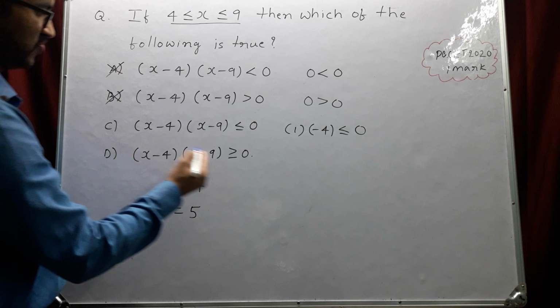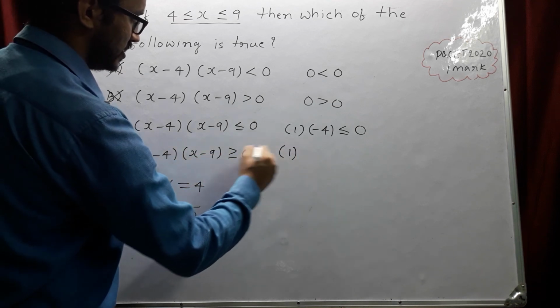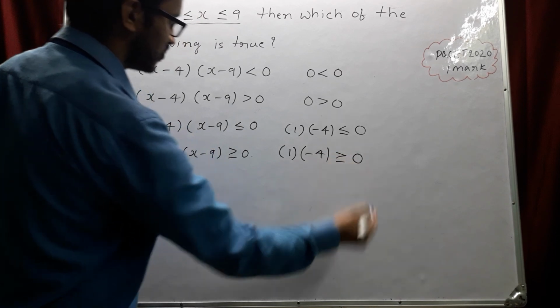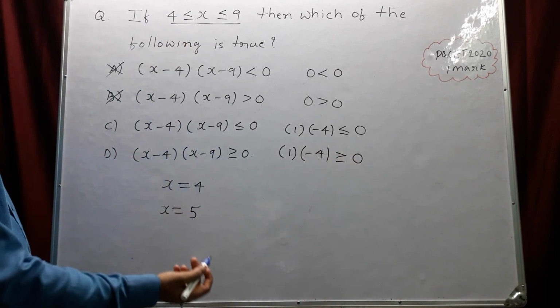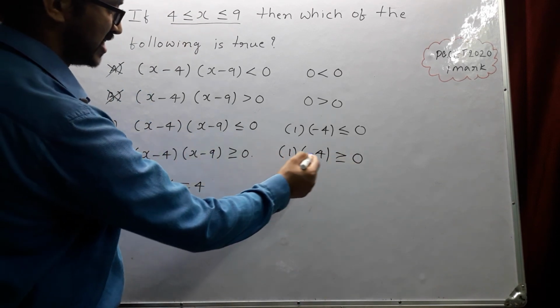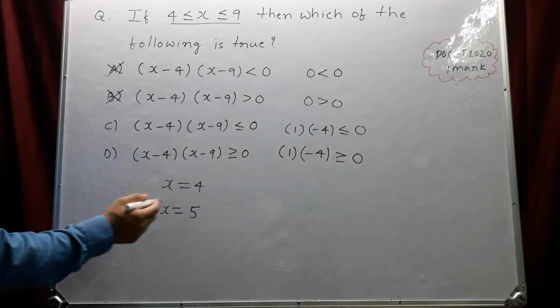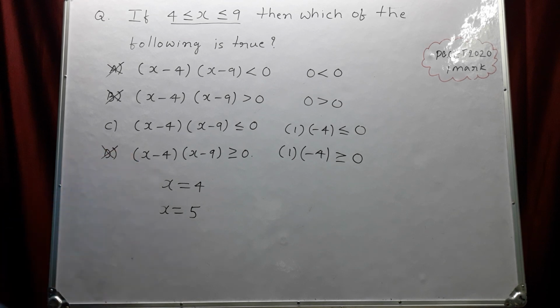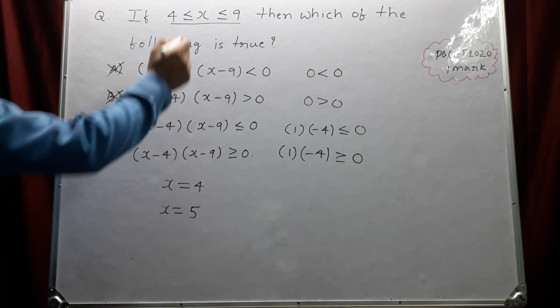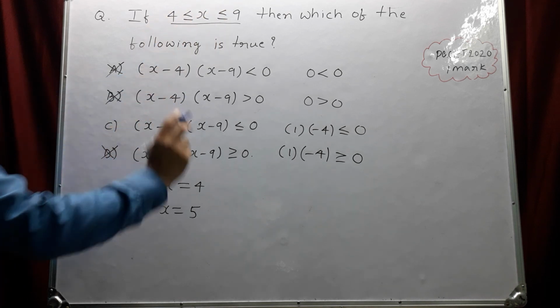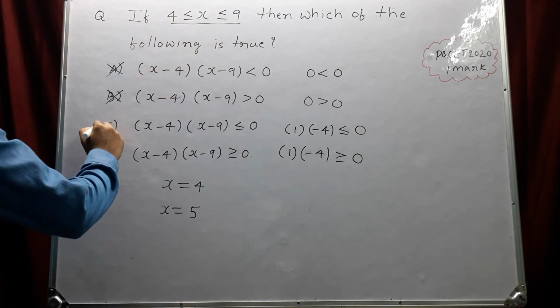In the fourth option, 5 minus 4 is 1, into minus 4, greater than or equal to 0. If you take x equal to 5, minus 4 greater than or equal to 0 is false, so we can eliminate this option. So for any value of x between 4 and 9, the correct option is option C.